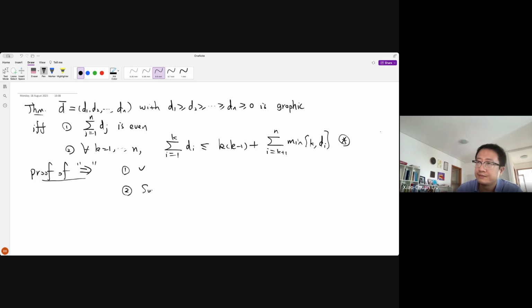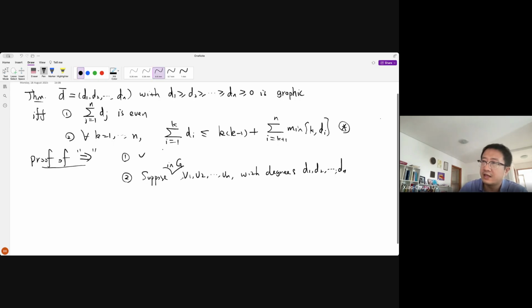So suppose we have v1, v2, ..., vn with degrees in some graph G, with degrees d1, d2, ..., dn in decreasing order. So the left-hand side is the sum of the first k degrees.